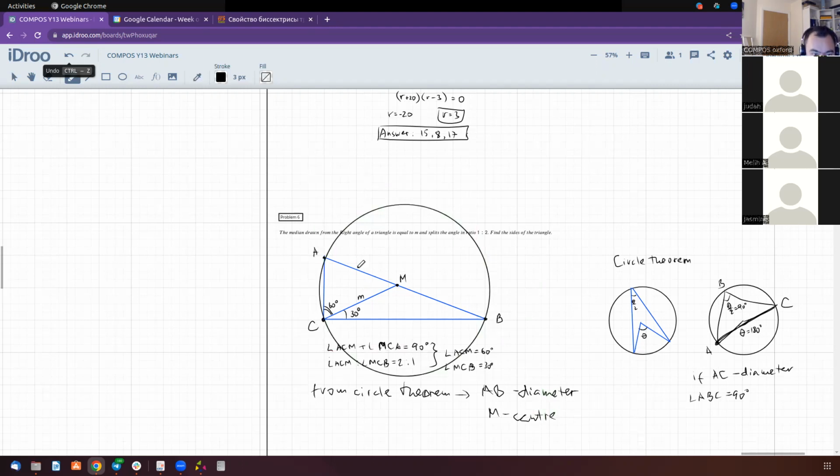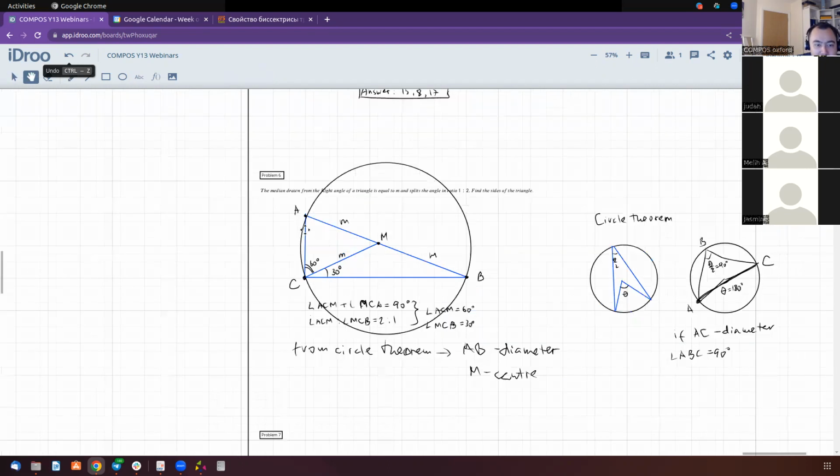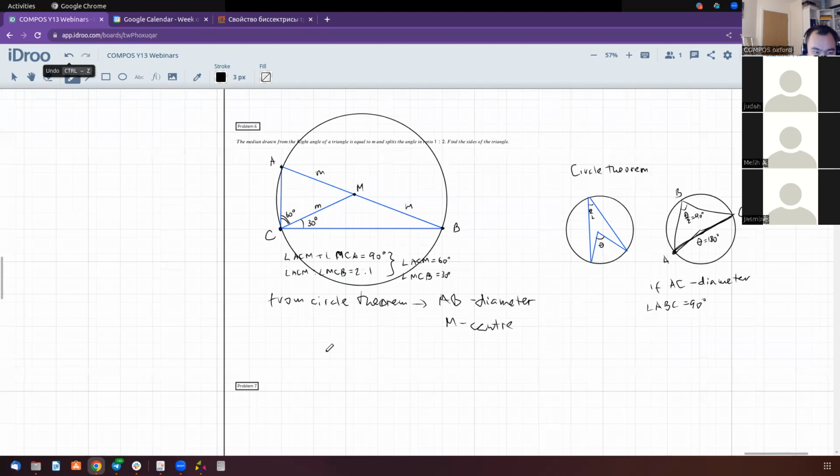Because this is M, this is also equal to M, and this is equal to M. Therefore, AM is equal to MB is equal to M. Therefore, AB is equal to 2M.